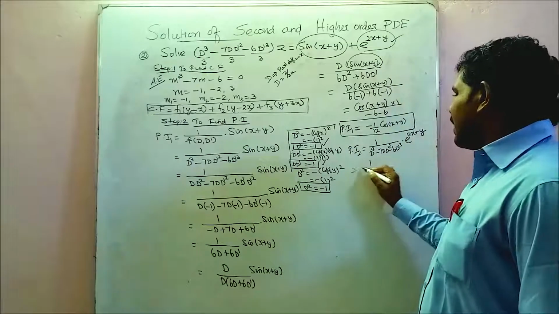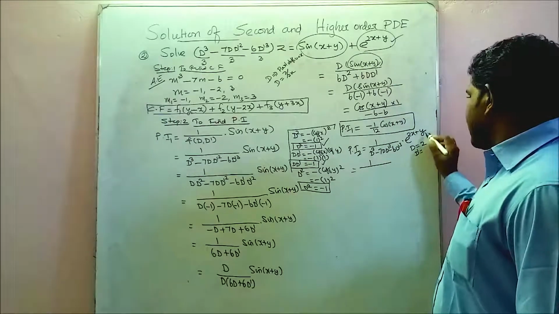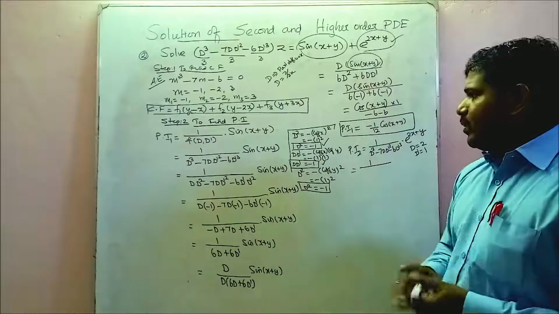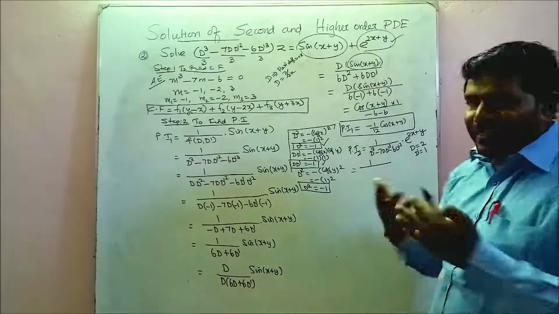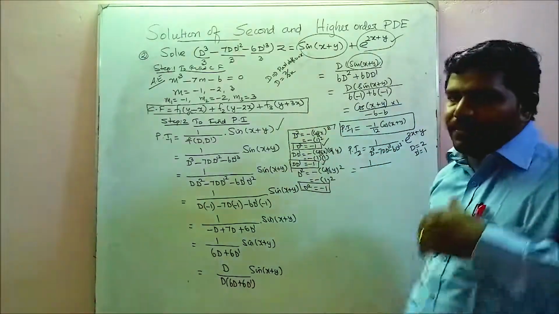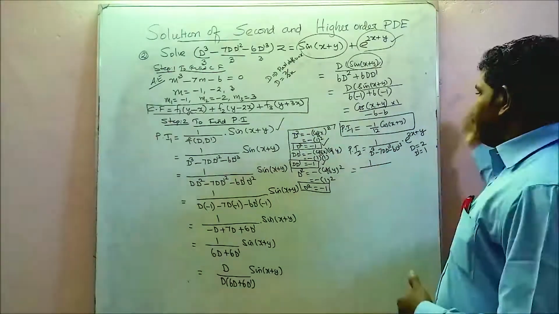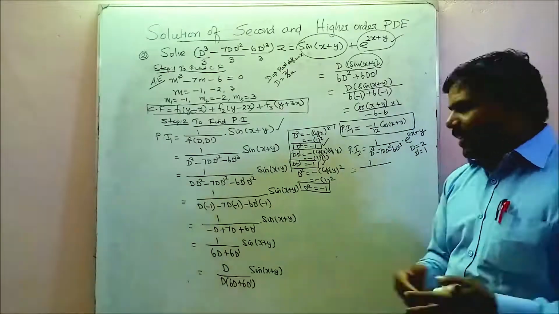Here the first model has coefficient of x as 2 where d is, and coefficient of y as 1 where d dash is. One model was done there and another is done here, so you should not get confused. This is the sin of ax plus by model, and this is the e power ax plus by model, so we find the value in a different way.